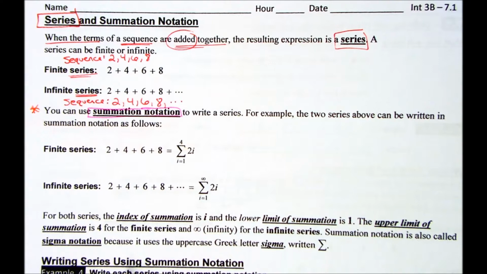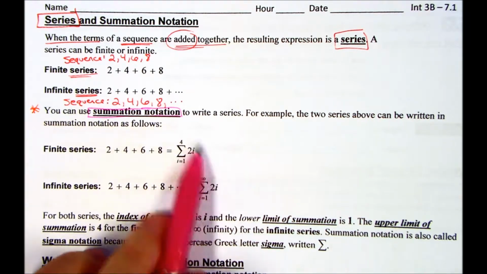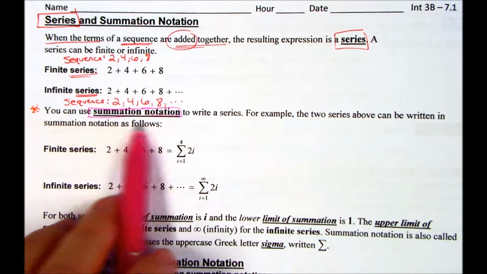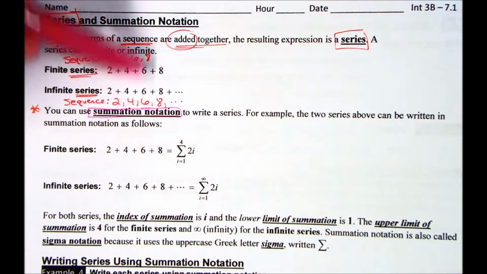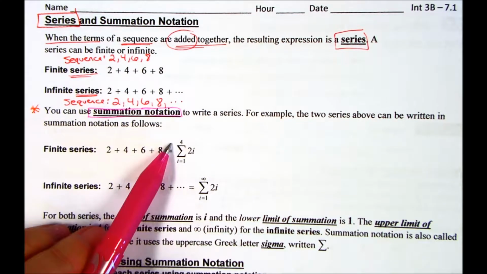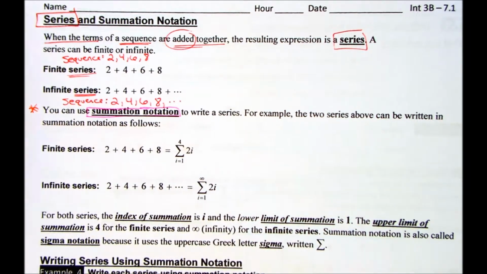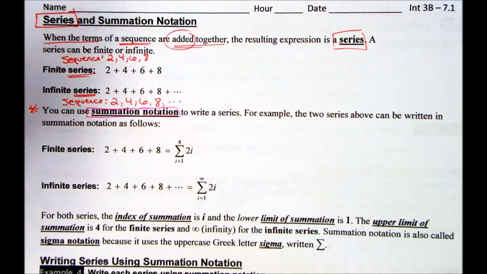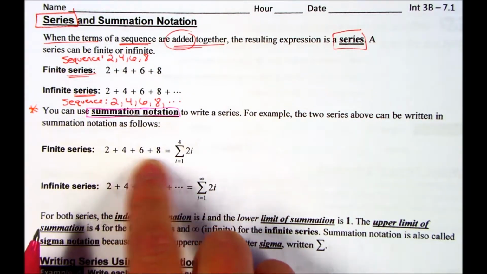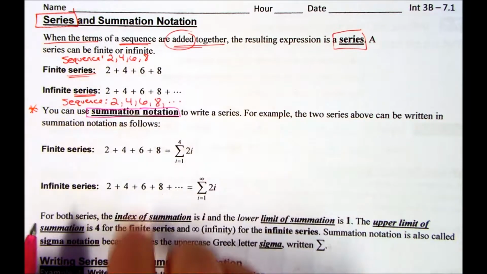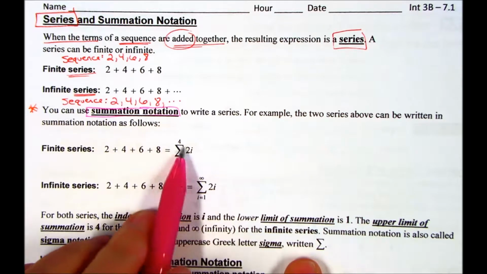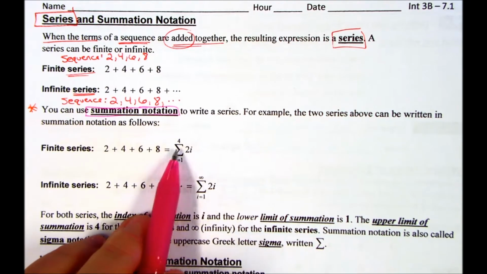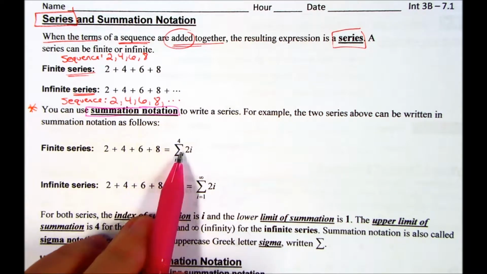Summation notation is this stuff right here. This is the way it looks. The 2 series right here are listed in summation notation. I want to point out some of its features. This 2 plus 4 plus 6 plus 8 is the same as this thing here. Notice that in the summation notation, you've got this symbol called a sigma. It's a capital Greek letter.